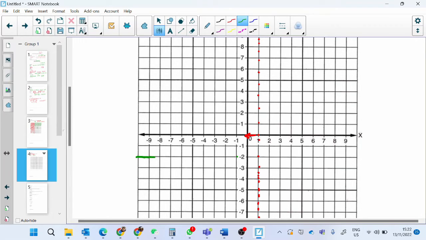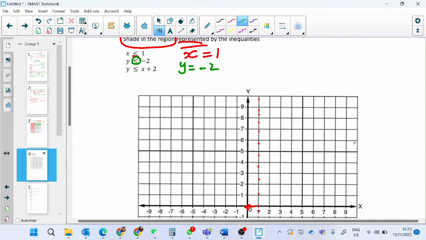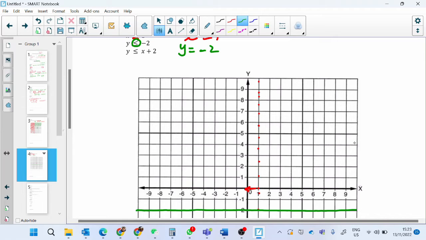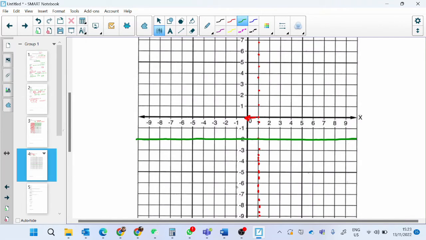So I just plot this one, and now the represented region is y smaller than negative 2. Smaller than negative 2 is the downside, so this downside is the represented region, and the upper side is not represented.